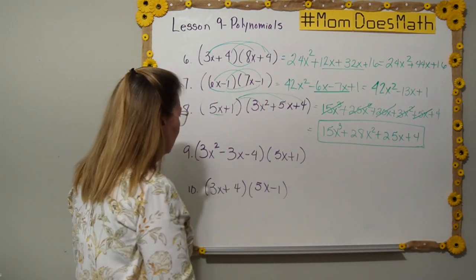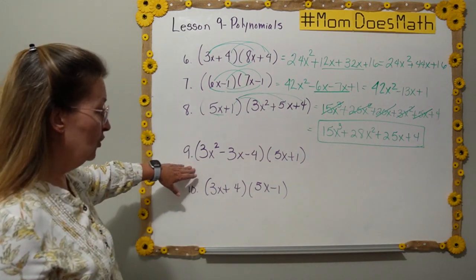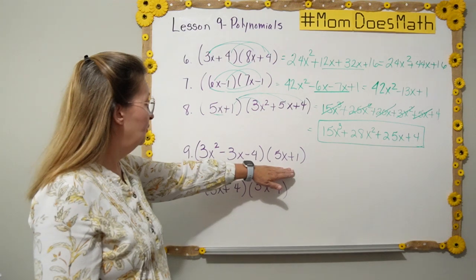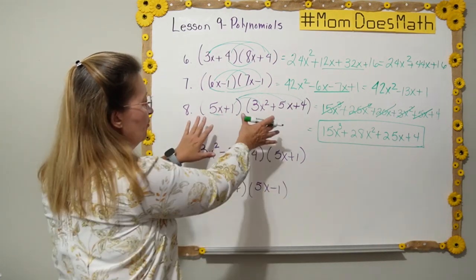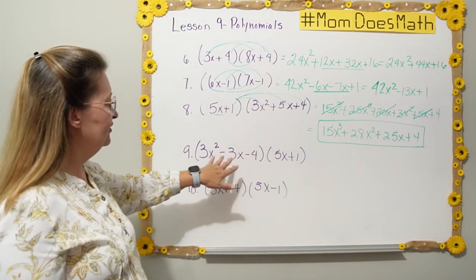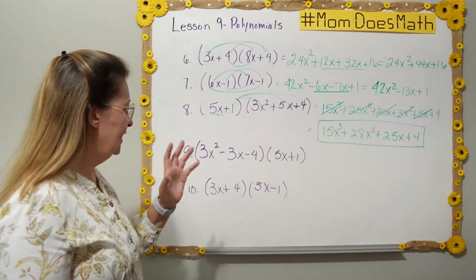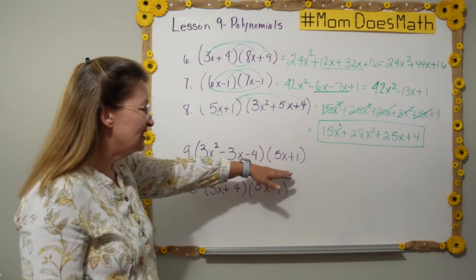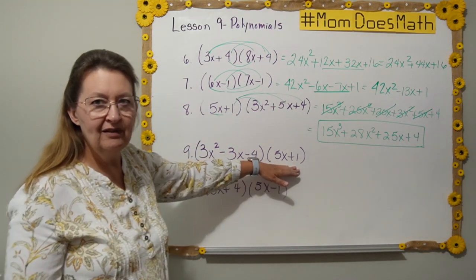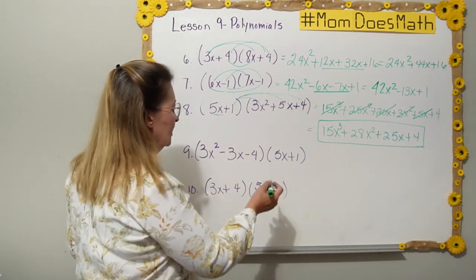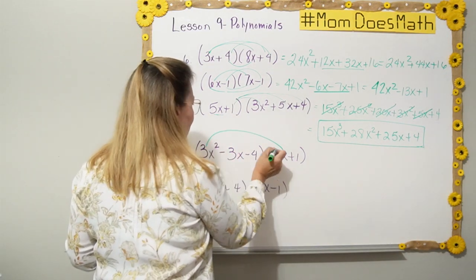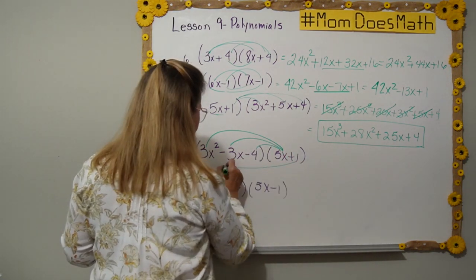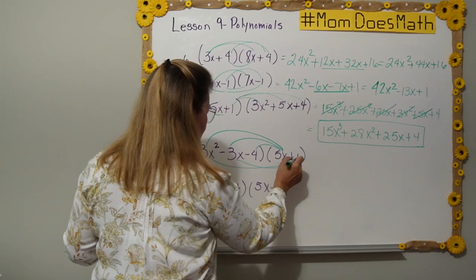Okay? All right, now down here, once again, now we have a trinomial times a binomial. Look, it's backwards from what we had the first time. Now, there are some different signs and all, so it's not going to be the same answer. But what I like to do is I like to still go with my smaller one, distribute it into the larger one. So what I'm going to do is I'm just going to make sure that I multiply this times all three of these things and this one times all three.